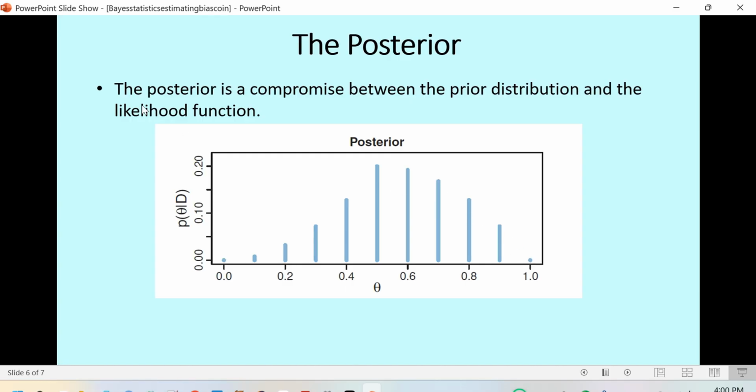And from the figure of prior, likelihood, and posterior, you can see the posterior is a compromise between the prior and likelihood.